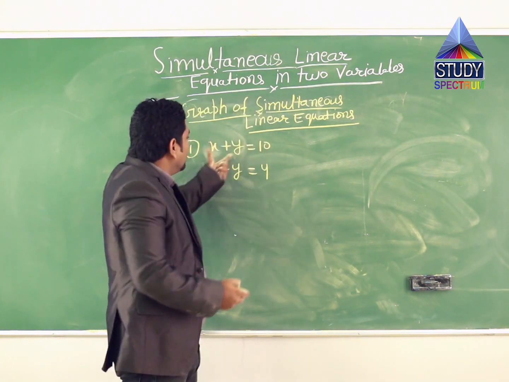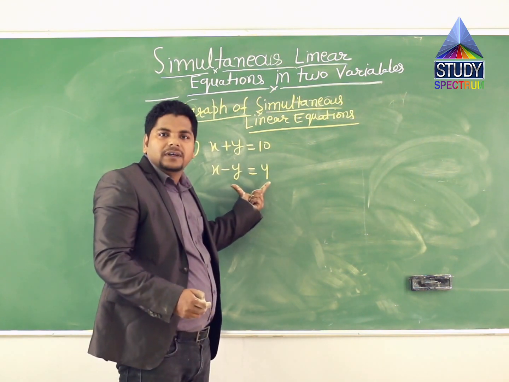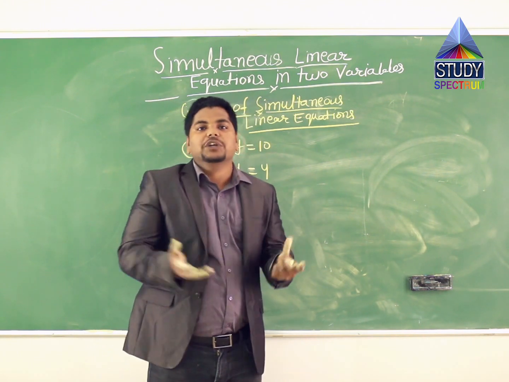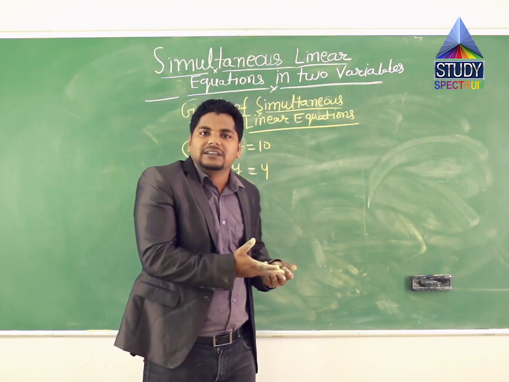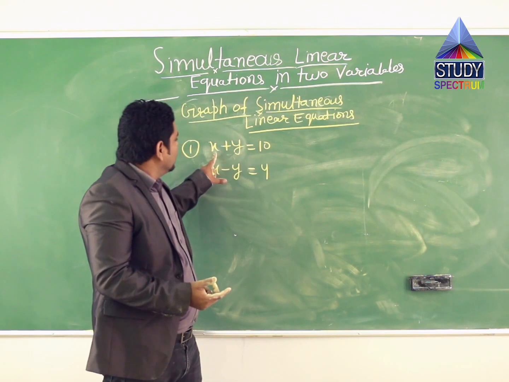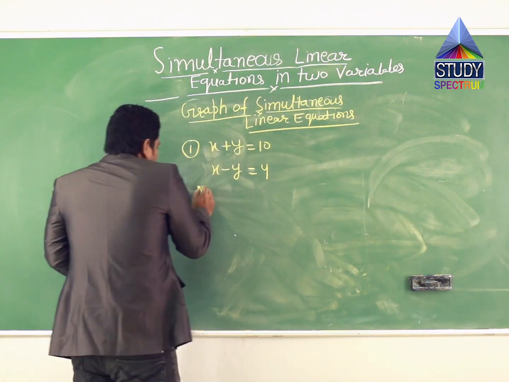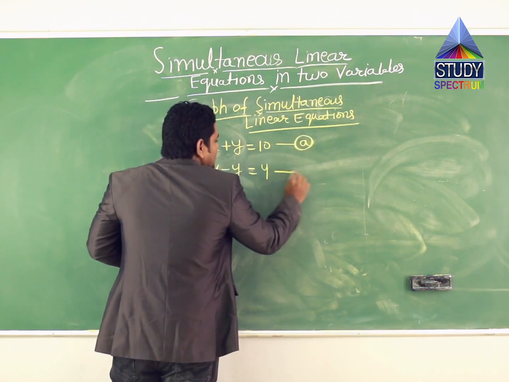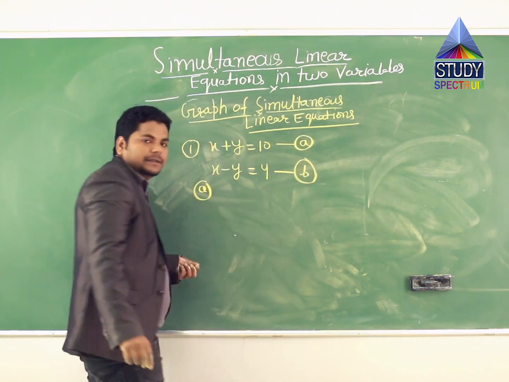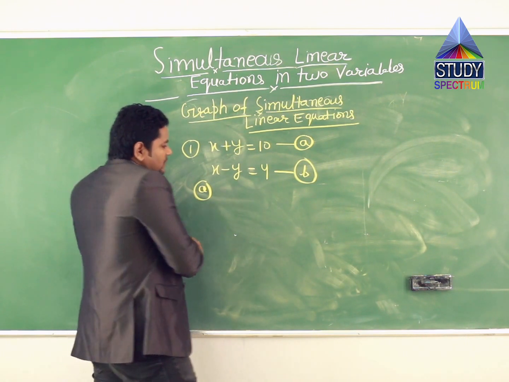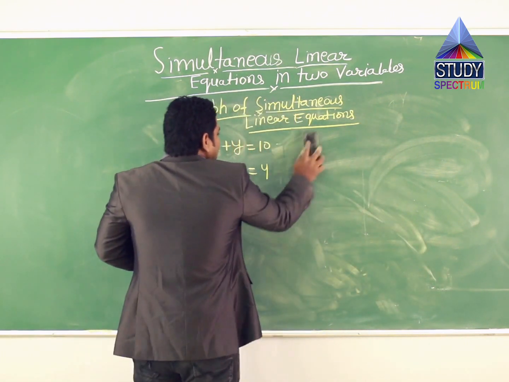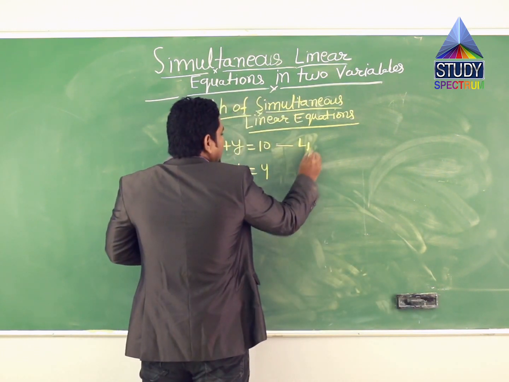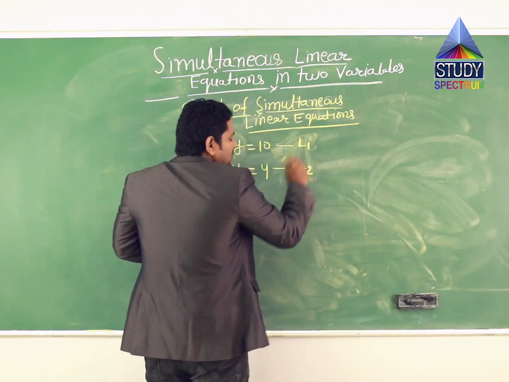Okay. So how will we draw this straight line? We'll take the new approach. We have just discussed that. So first, suppose this is equation A and this is B, or better, you take this as L1 and this as L2.